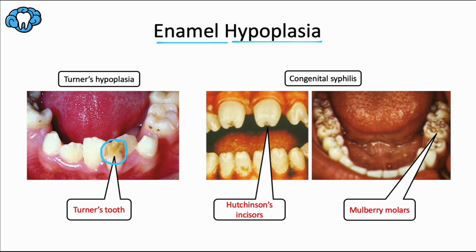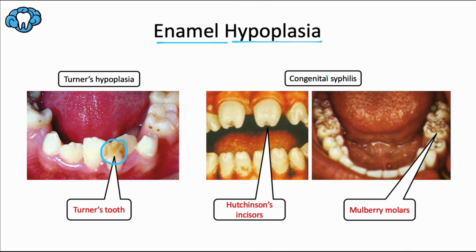The ameloblasts are what make the enamel. So a primary tooth gets bumped or infected, and that messes up the developing permanent tooth underneath, which gets this hypoplasia. It most commonly affects central incisors and premolars.